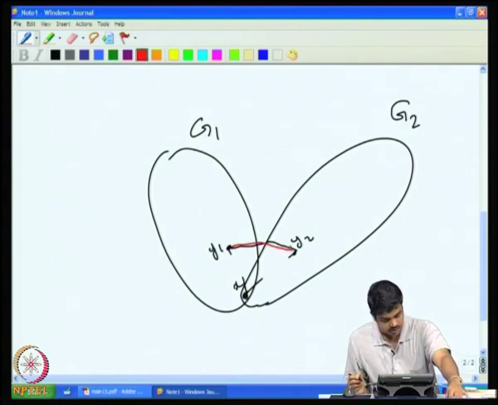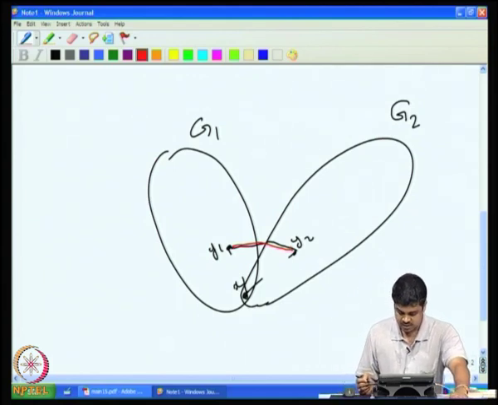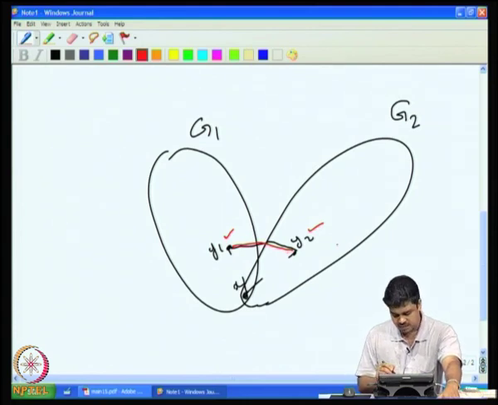Of course, if after doing this you could color the graph using fewer than k colors, what can we say? We can look at the colors of y1 and y2. Because of this edge, at least one of them has a color different from that of x.